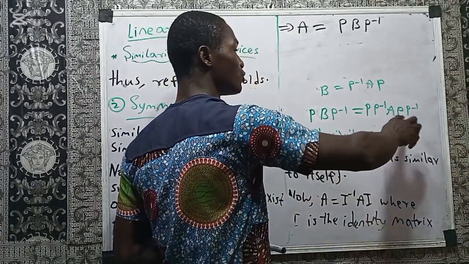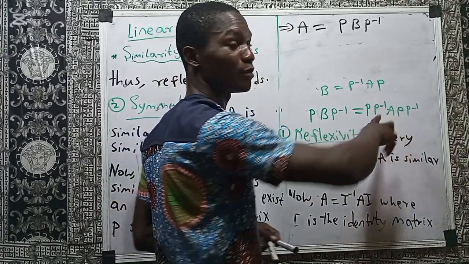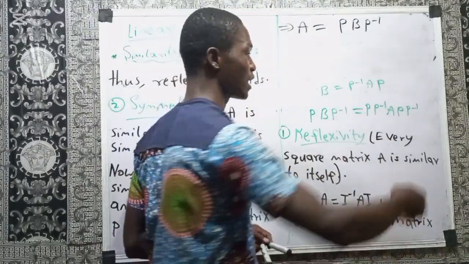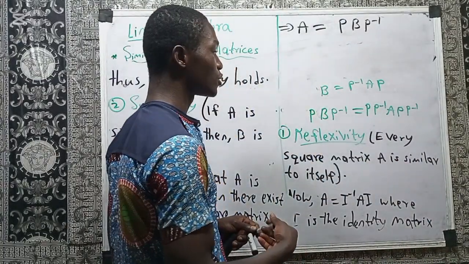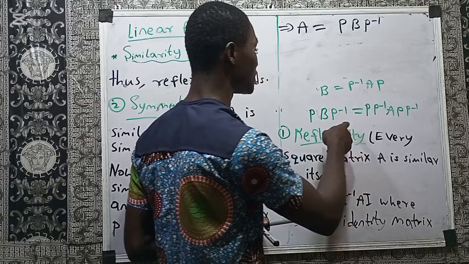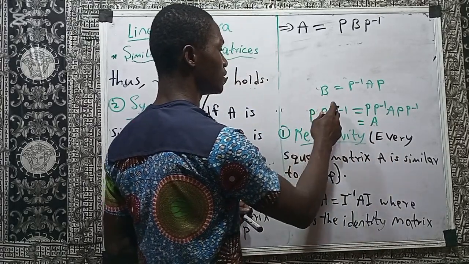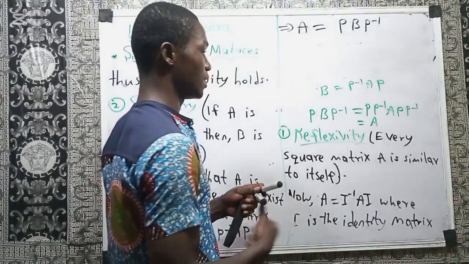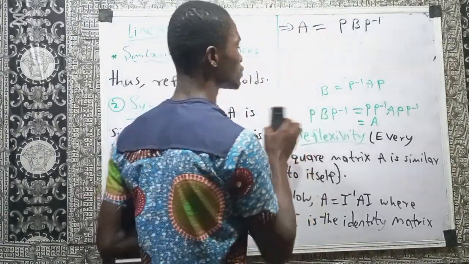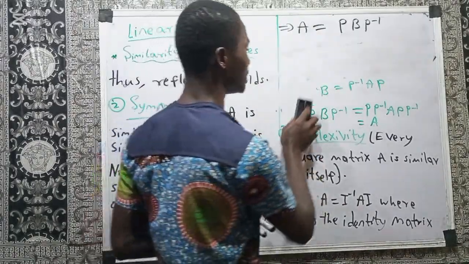So you'll be doing identity matrix multiplied with your matrix A, which is still your matrix A, multiplied with the identity matrix. So this simply will give you that your matrix A will be equal to P B P inverse, as we have it there, right? So I hope it's clear. So let's proceed.